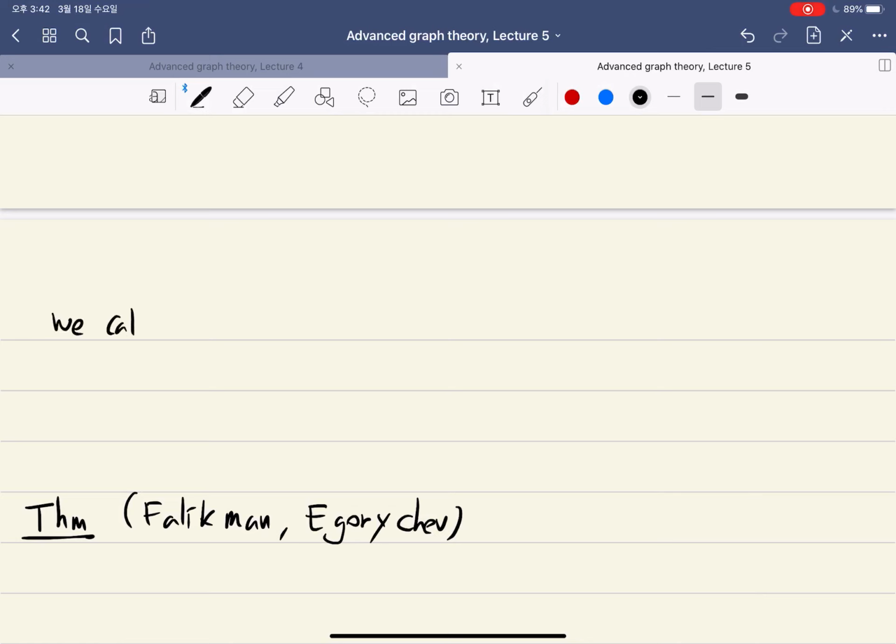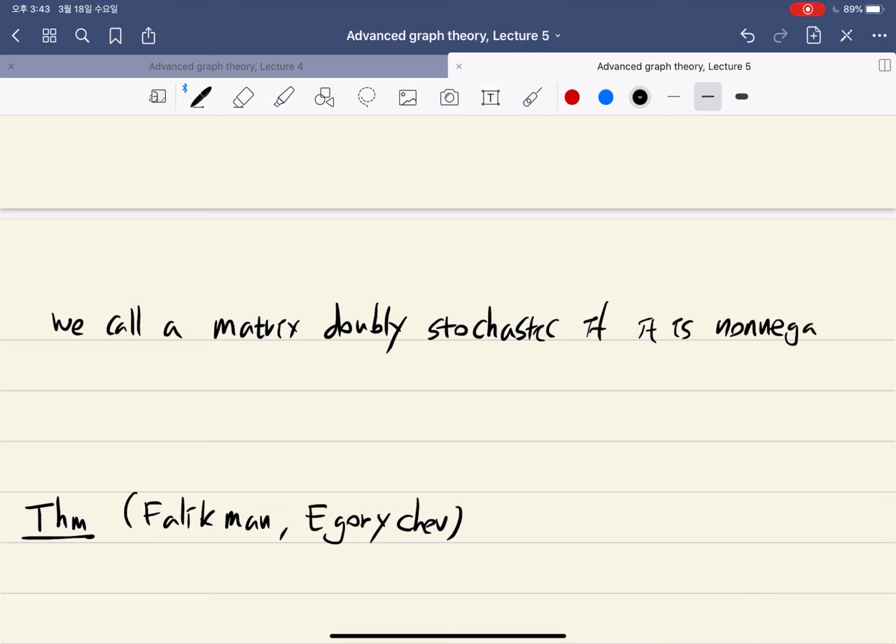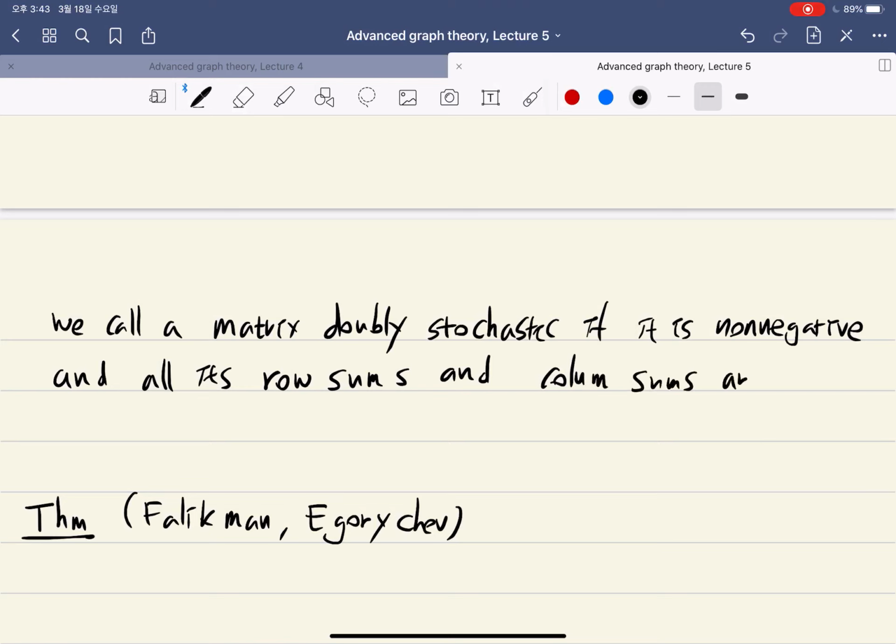We call a matrix doubly stochastic if it is non-negative, meaning that every entry of the matrix is non-negative, and all its row sums and column sums are 1.